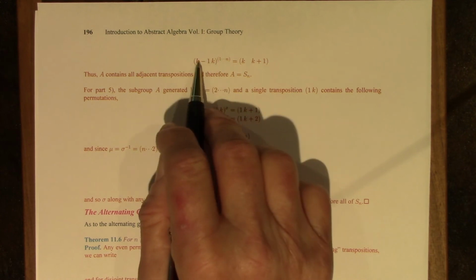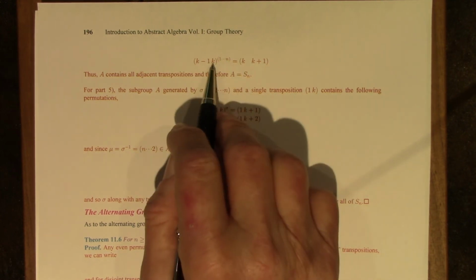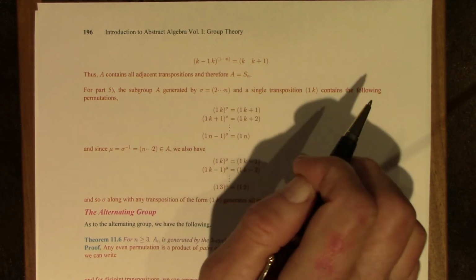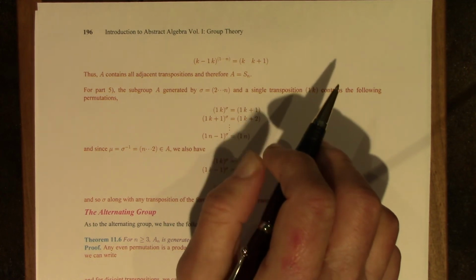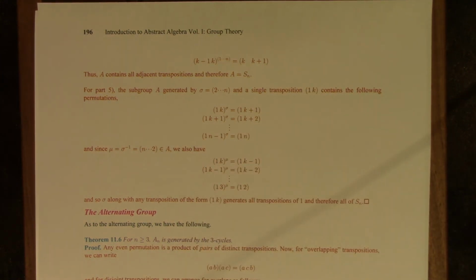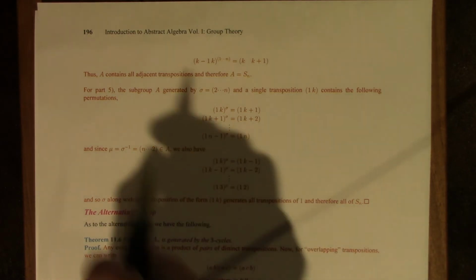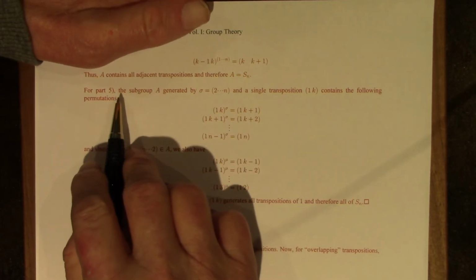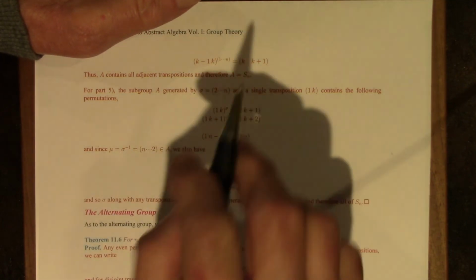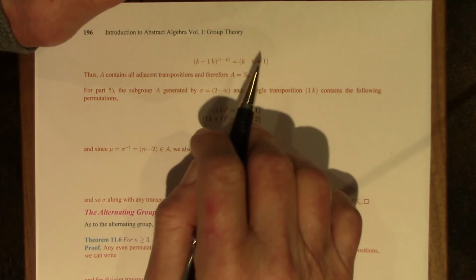So it just kicks k-1 up to k and k up to k+1. So A then contains all of the adjacent transpositions, and therefore by the previous part generates all of Sn.